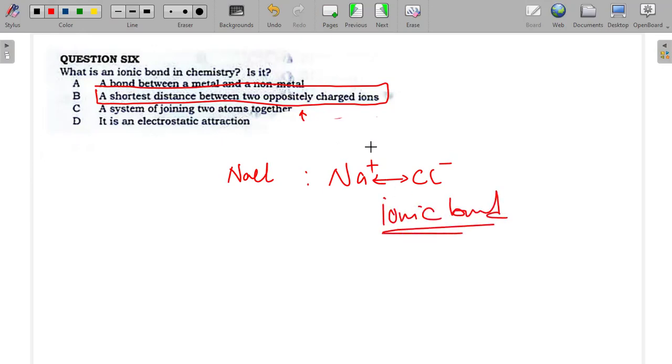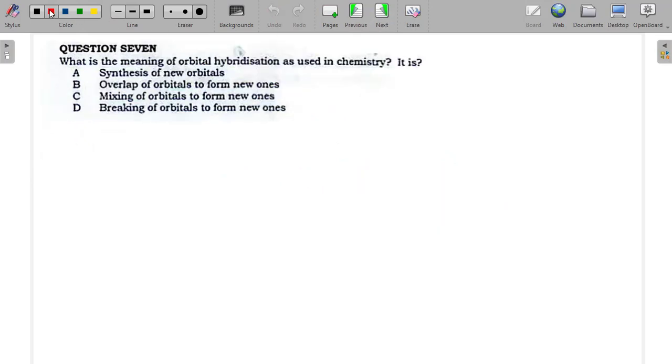And then question 7, they're saying, what is the meaning of orbital hybridization as used in chemistry? Okay, so hybridization is just the mixing of orbitals to form new ones.